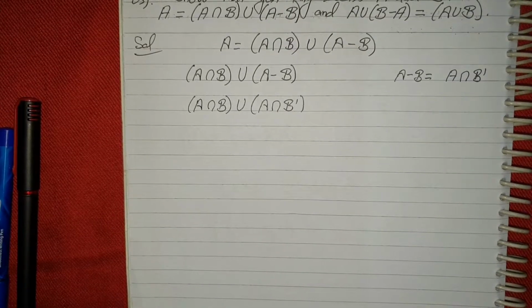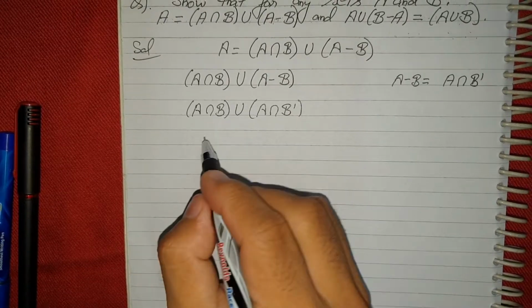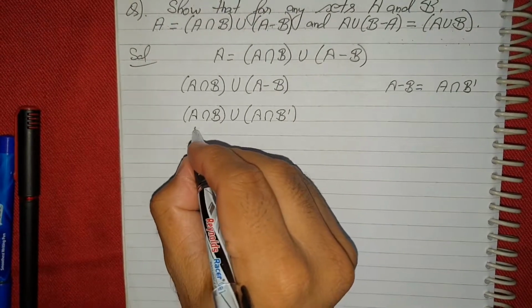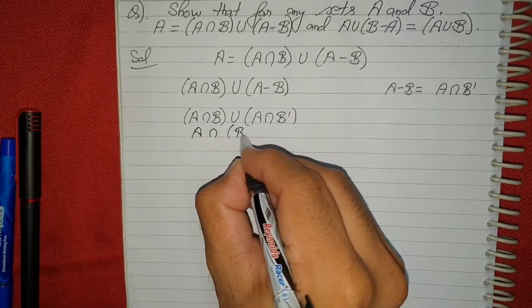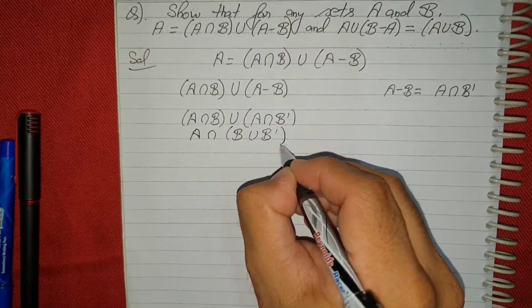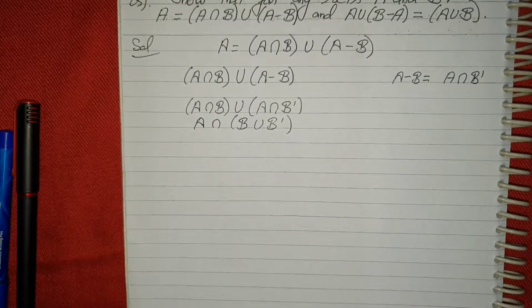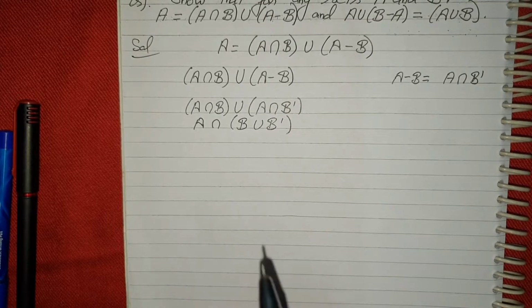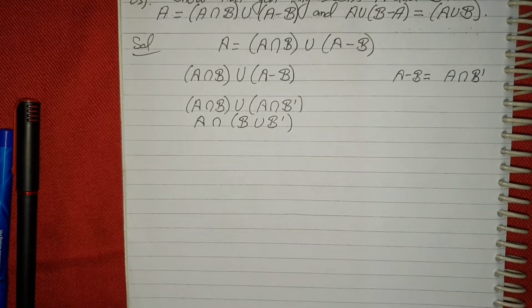Now applying the distributive law, what we will get is A intersection B union B dash. This is actually the reverse of the distributive law, as I have discussed in the previous videos of the sets only, of the theory part.